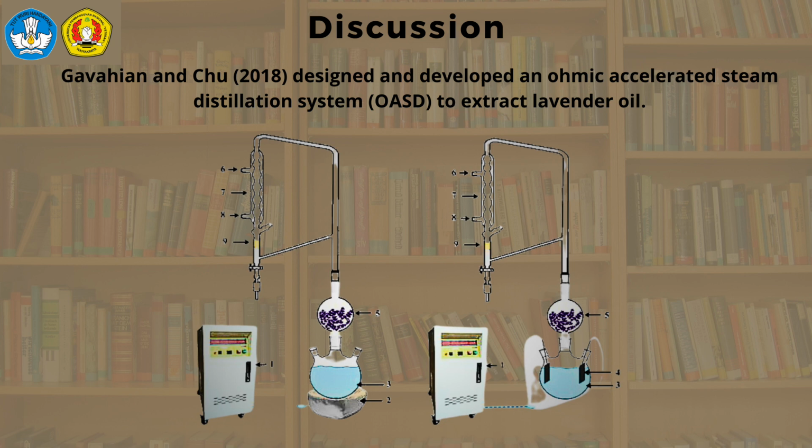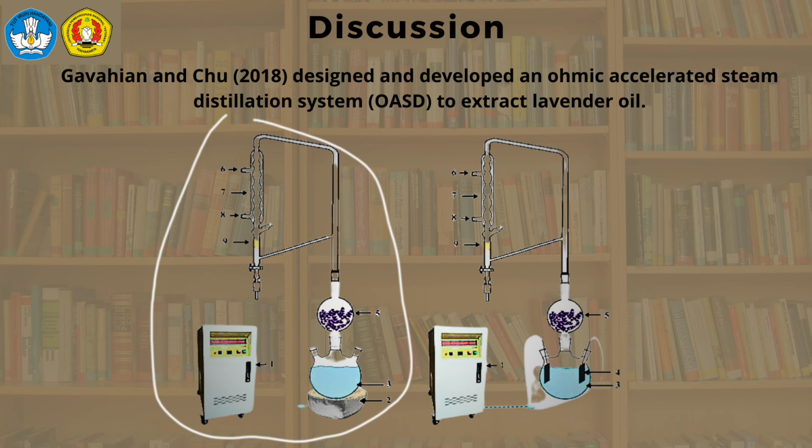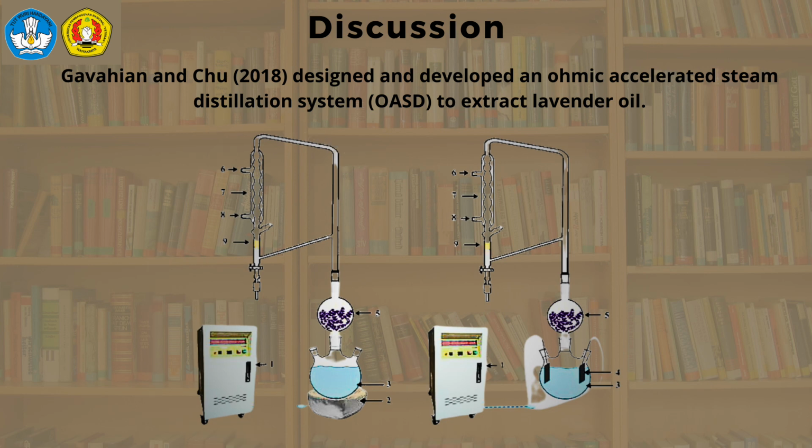Okay, in the picture, we can tell that on the right is the OAHD system, and on the left is the conventional distillation system, or CD. An ohmic electrode was used for heating the water.